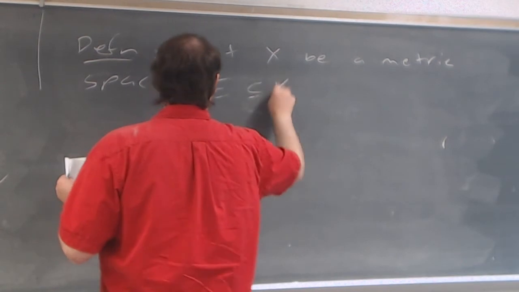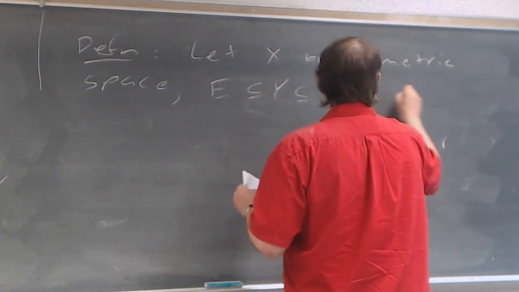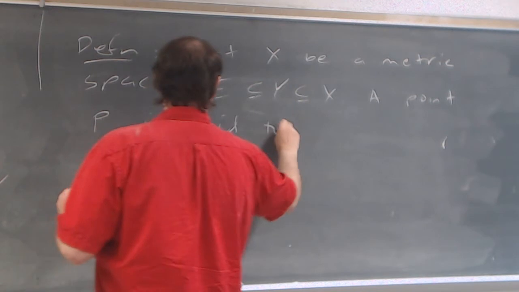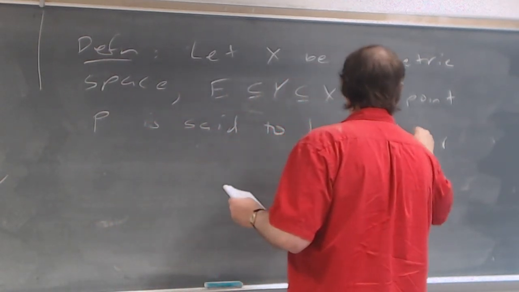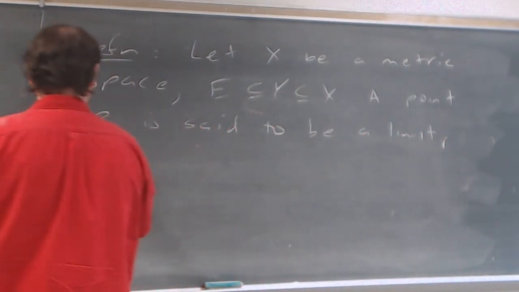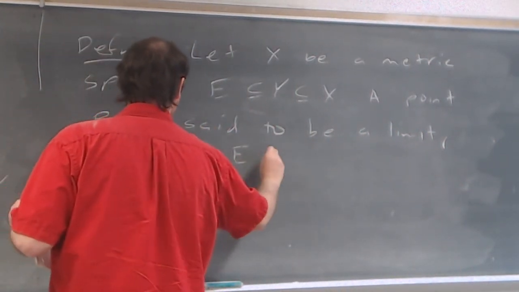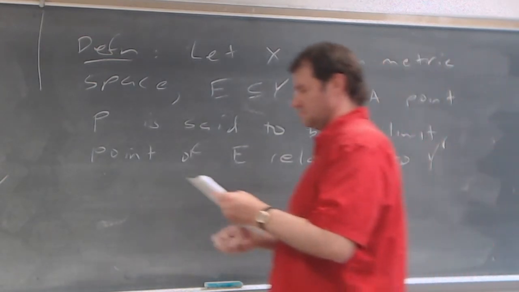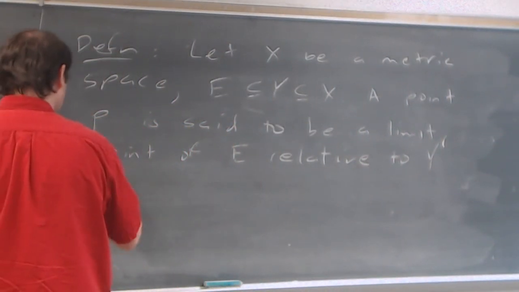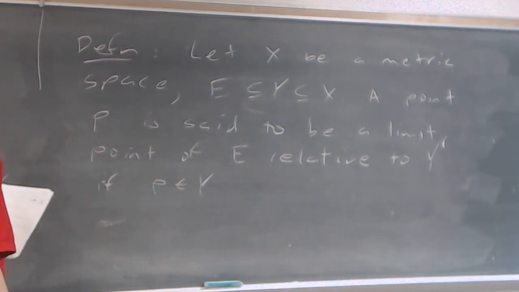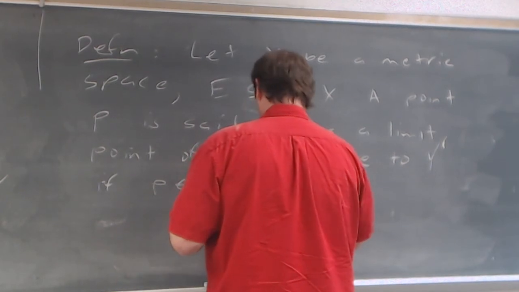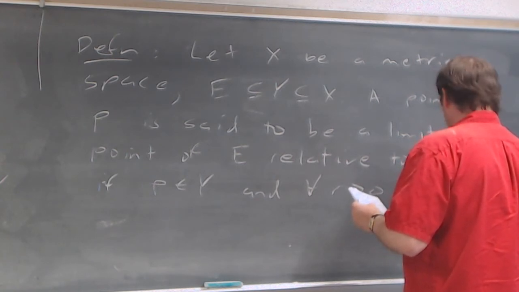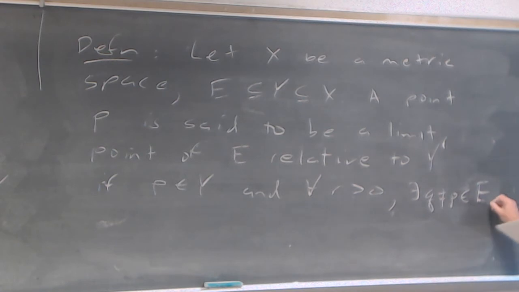Let E be a subset of Y, which is a subset of X. A point P is said to be a limit point of E relative to Y if P is an element of Y, that's something that's important, and for every R greater than 0, there exists a Q that's different than P. It's an element of E. Okay?